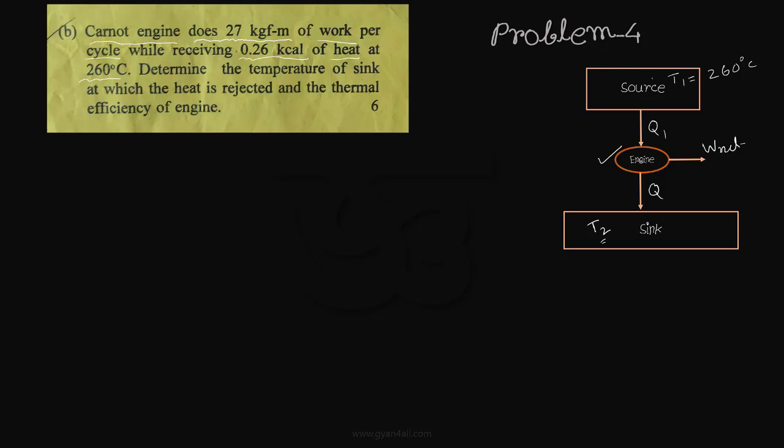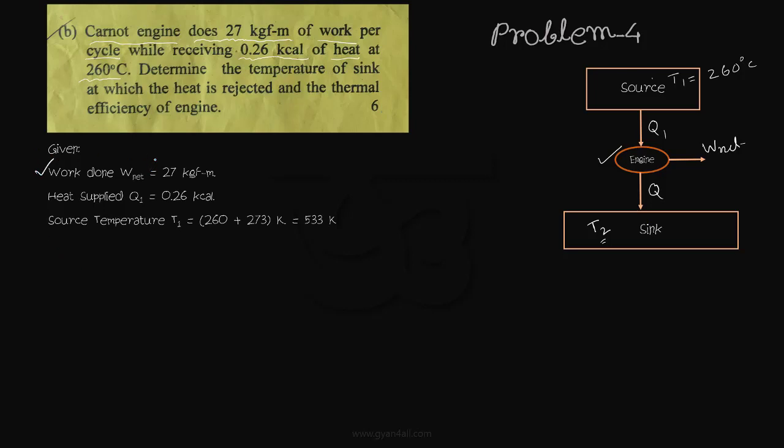The given data in this problem are: work done, W net, is equal to 27 kg force meter. This problem is also on metric units, and heat supplied Q1 is 0.26 kilocalorie. You can see that the units are not the same, but we need to use the same unit.